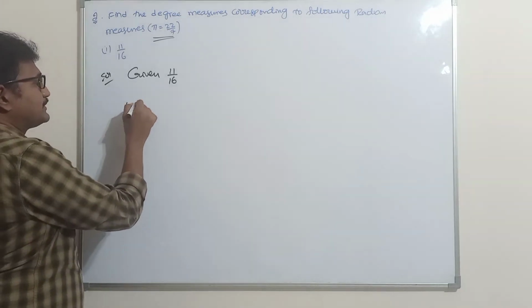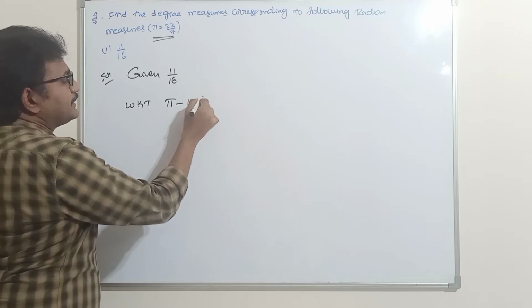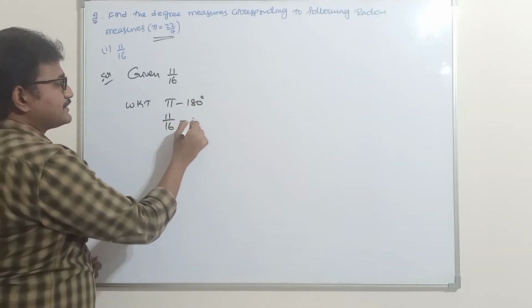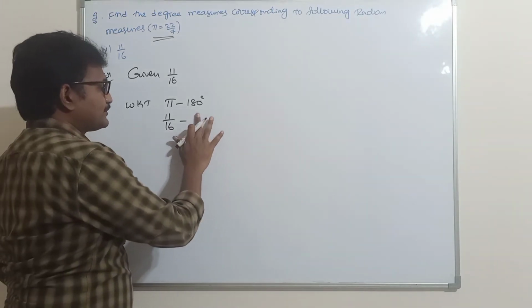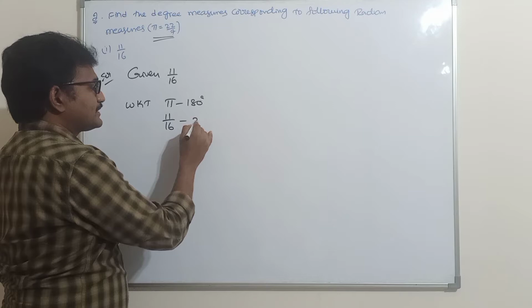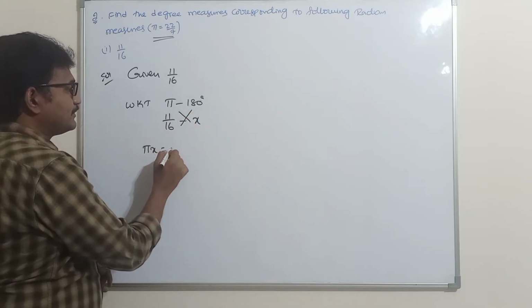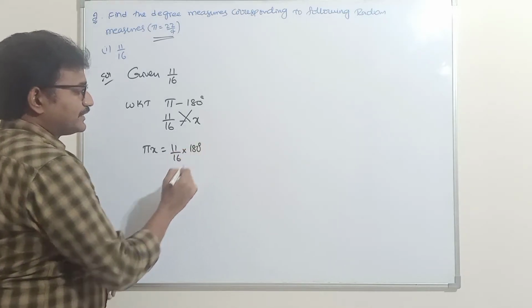We know that pi radians is equal to 180 degrees. Then 11 by 16 radians is equal to how many degrees? We don't know this value, so assume it as x. By cross multiplying, pi x is equal to 11 by 16 into 180.